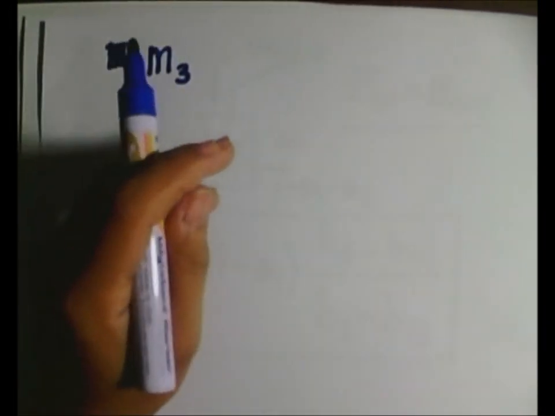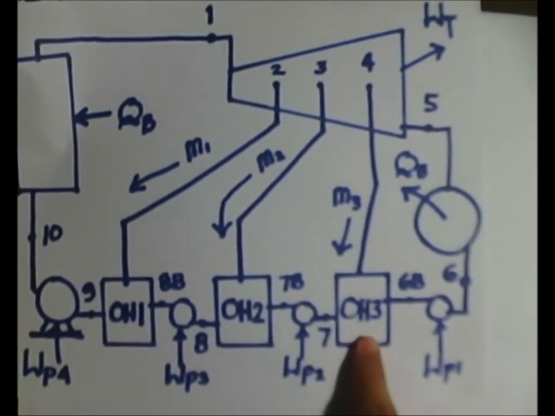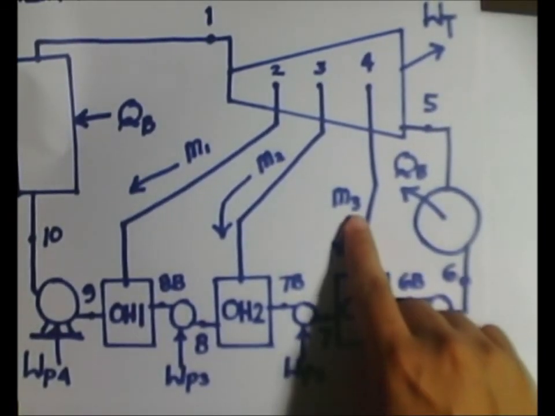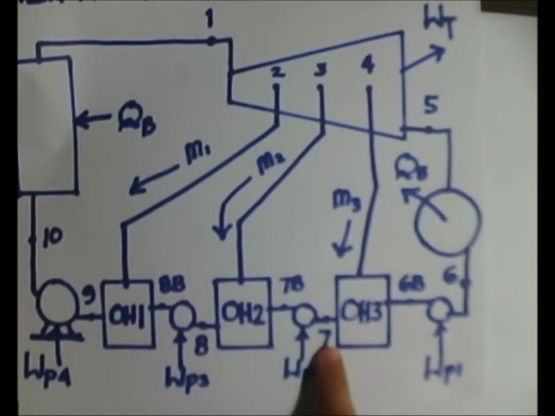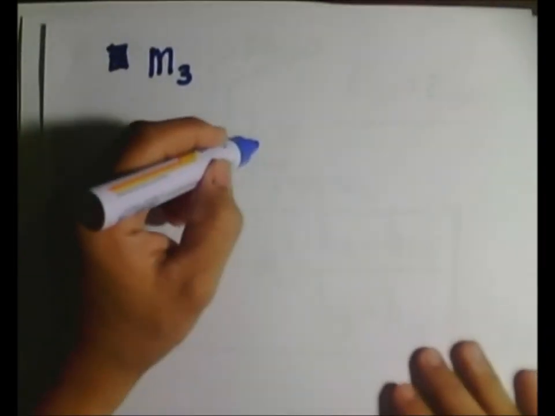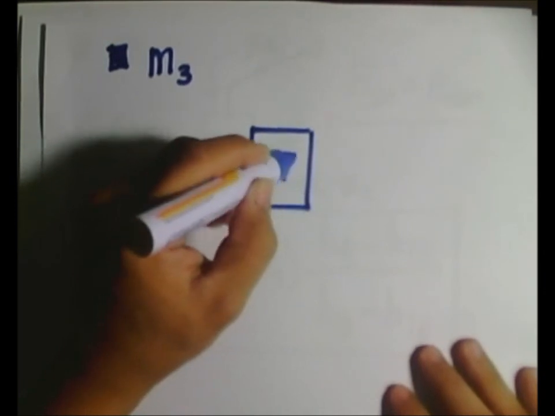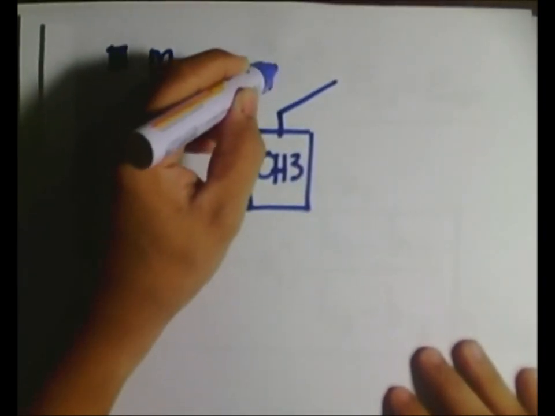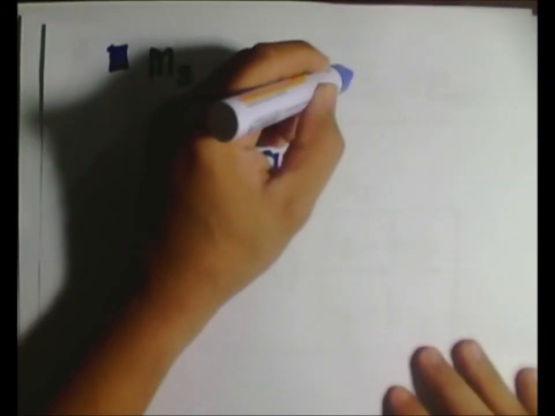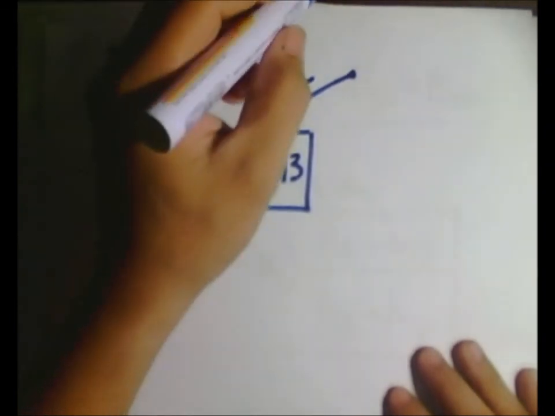M3. Let's look at our schematic diagram here. It's open heater 3 that involves M3, so that points 6B and 7 are involved. So we're going to transfer this. We have here our open heater number 3, M3 here enters open heater 3.